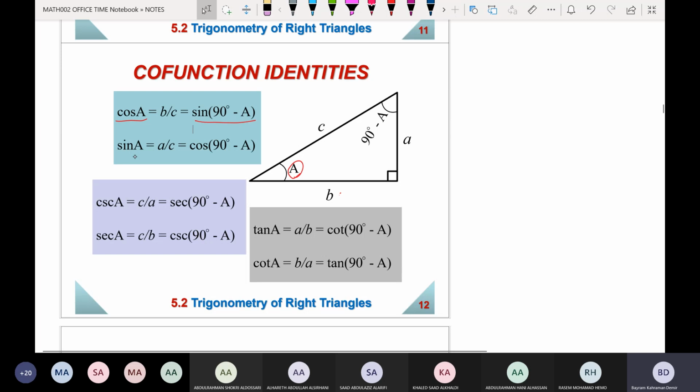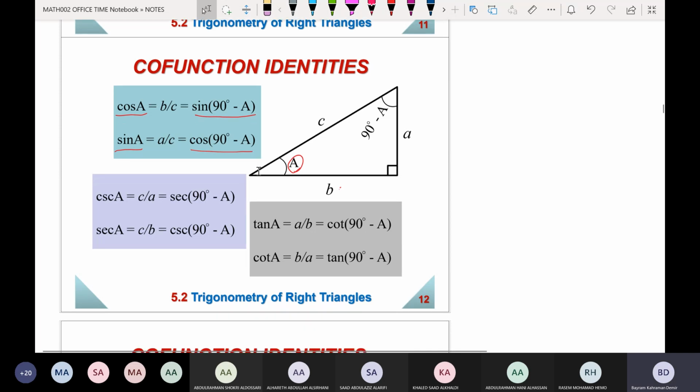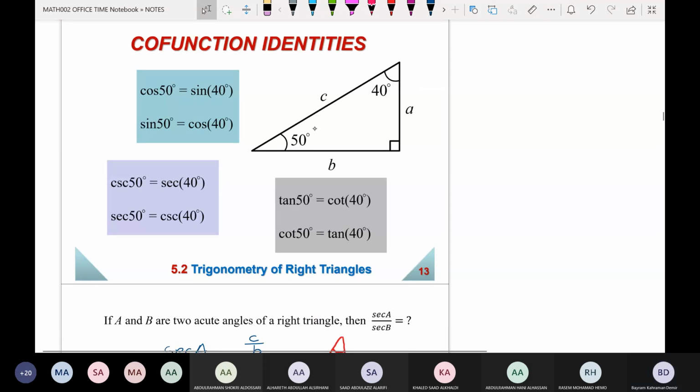Similarly, the sine of A will be the same as cosine of 90 minus A. And for cosecant, secant, tangent and cotangent, this will work for all of them. So we call them cofunction identities. As a simple exercise, Shabab, if one angle is 50 degrees, the other is 40 degrees. So cosine of 50 degrees will be definitely equal to sine of 40, and sine of 50 is cosine of 40, and vice versa.